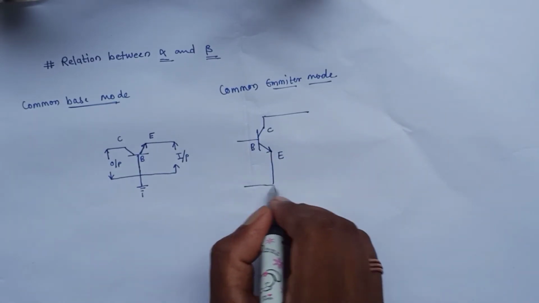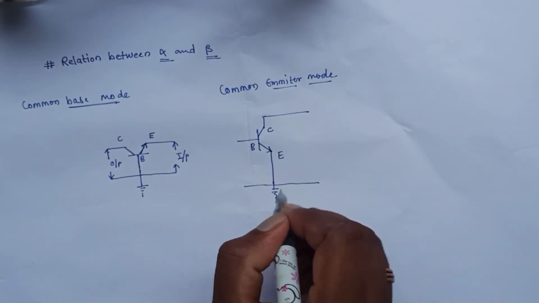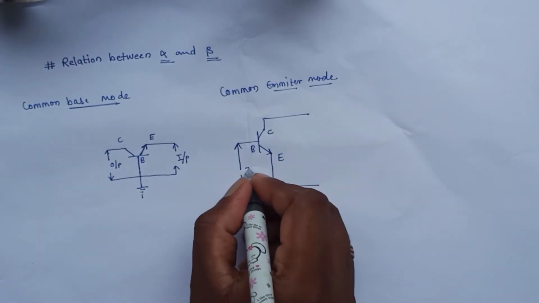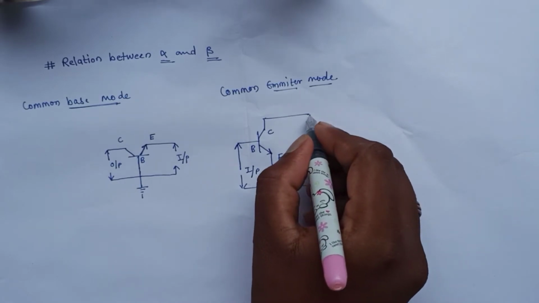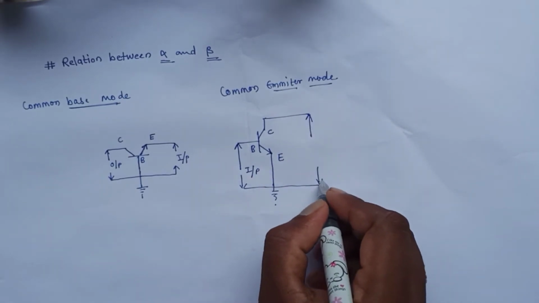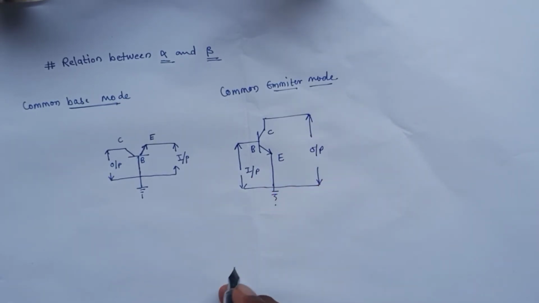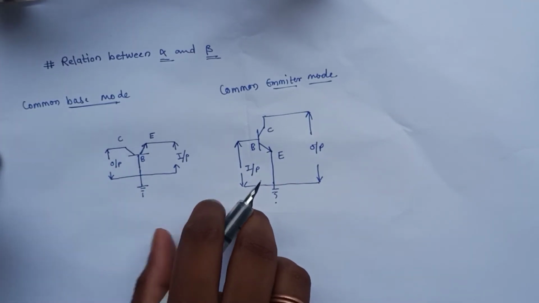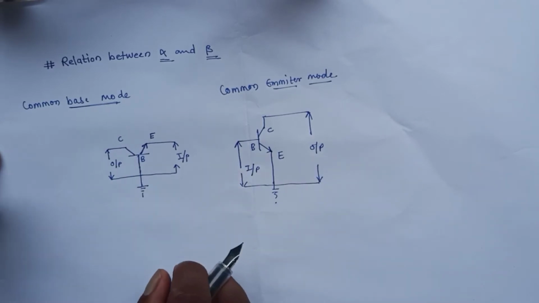Here the emitter is common for the base, that is the input side, and the collector, which is the output side. So these are the two different circuit diagrams of common base mode and common emitter mode.